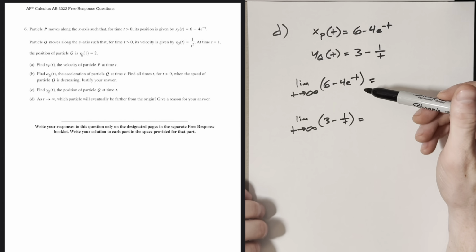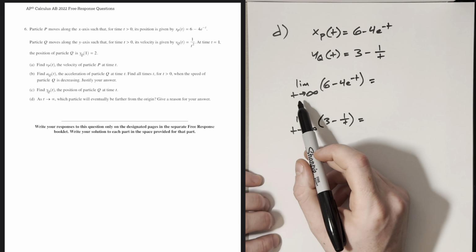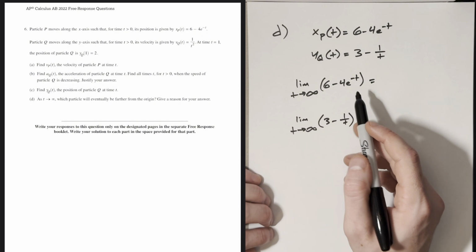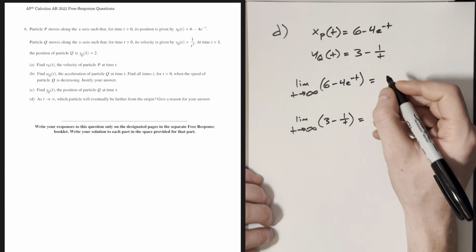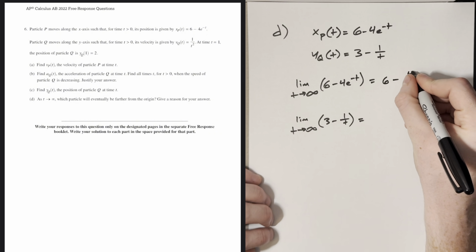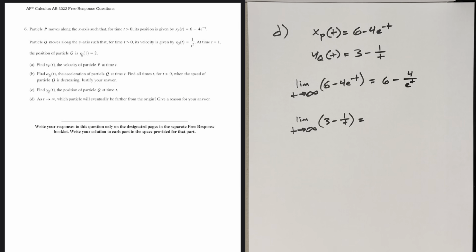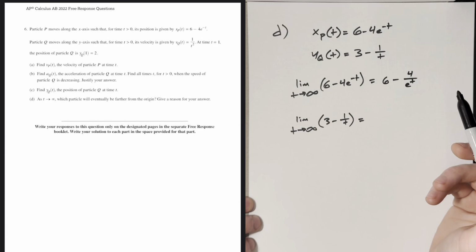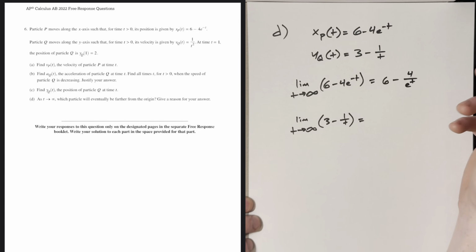So let's start out with this first one, the position of particle P. Well, as t approaches infinity, 6 just stays as 6, right? But this 4 and then e to the negative t power, we could also write that as 6 minus 4 over e to the t power. So as t gets infinitely big, e to the t also gets infinitely big, and 4 over infinity will approach 0.